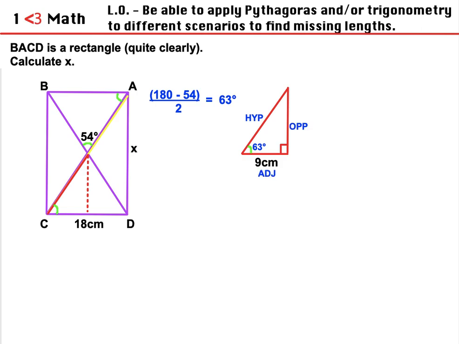So we've got an angle now, and we've got a side, so that allows us to use trigonometry. I'm going to label the sides accordingly. Longest side is the hypotenuse, the side opposite the angle is the opposite, and the side that has the angle and the right angle is the adjacent side. Now, if we find the red line, that means we can double it to find the length AC.